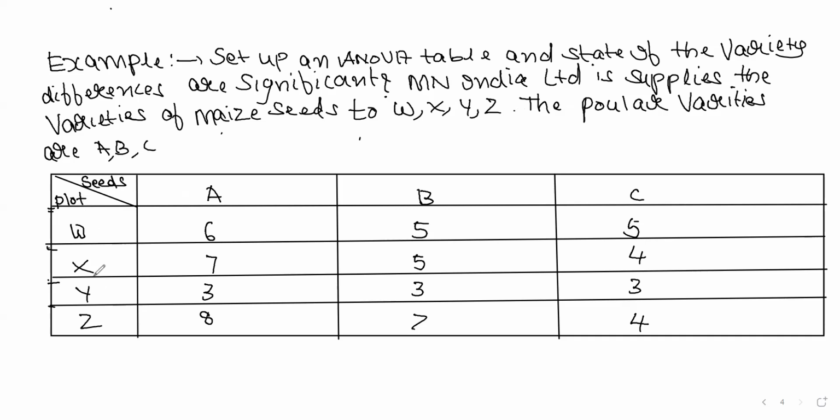These are the plots and these are the seeds. There are three types of seeds, and four types of plots. Their readings are given here: A's readings, B's readings, C's readings. Now, we have to solve this by one way Anova.